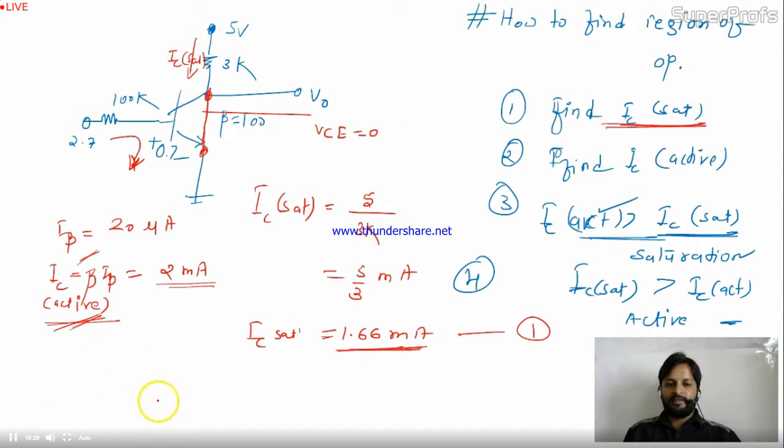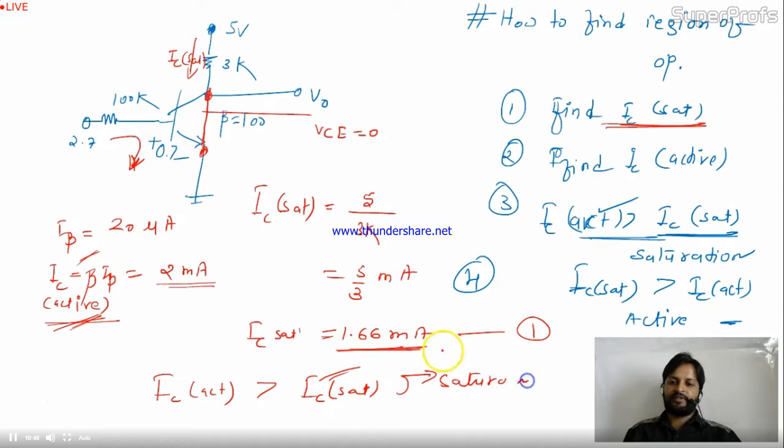So here see, IC active is greater than IC saturation. So your BJT or your transistor is working in the saturation region. Saturation region means the voltage here and here is 0. Now they're asking what is V0.